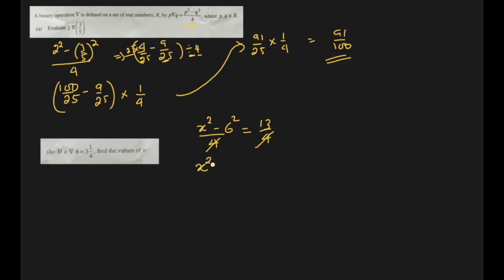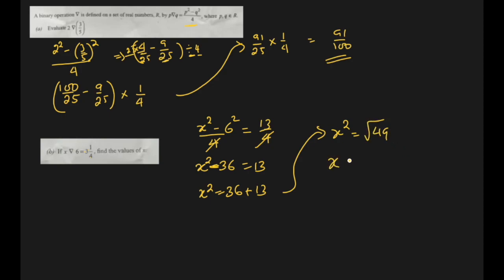So x square minus 36 equal to 13. x square equal to 36, positive 36, right? This is negative 36. It goes to the other side. It becomes positive 36 and 13 was already there. So x square equal to 36 plus 13, which is 49.